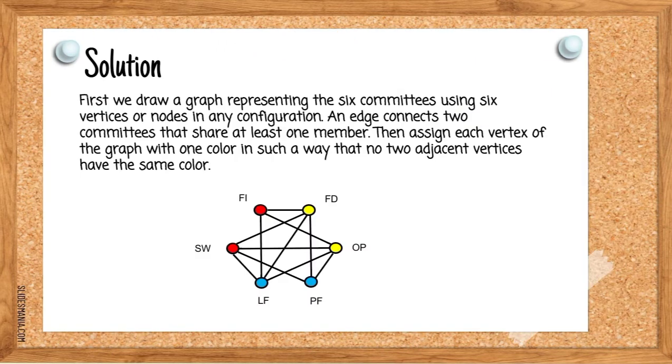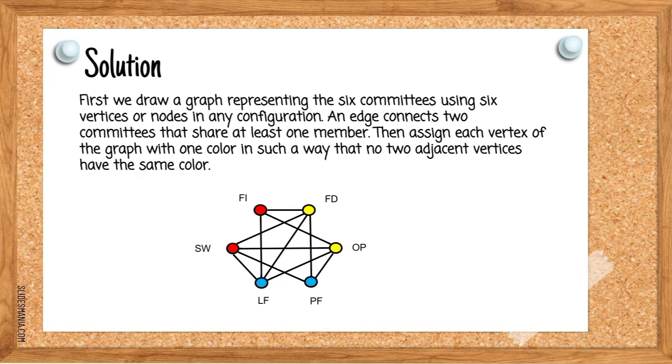First, you draw a graph representing the 6 committees using 6 vertices or nodes in any configuration, and each edge connects 2 committees that share at least one member. Then, assign each vertex of the graph one color in such a way that no 2 adjacent vertices have the same color.